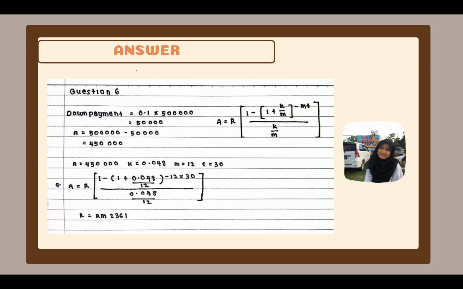After making the calculation, the down payment that we get is 50,000. To search for A, we minus the cost of the house, which is 500,000, with the down payment, which is 50,000, and for the answer we get 450,000.